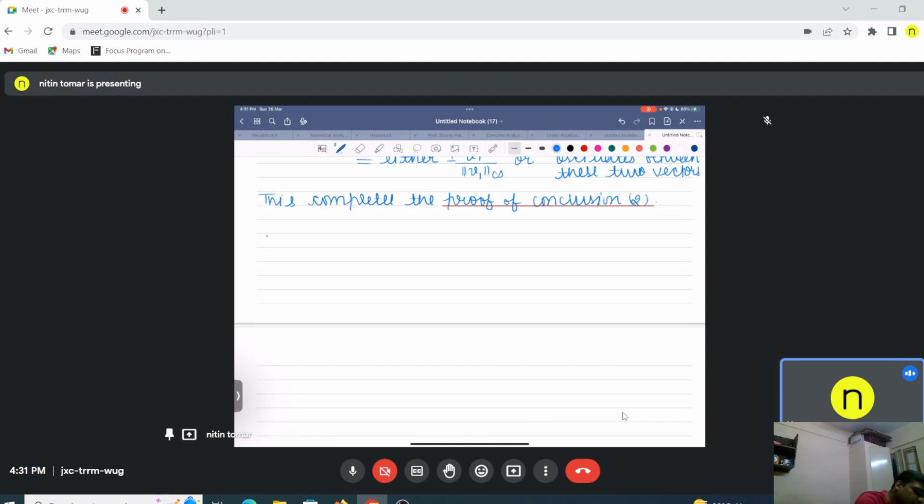Now we have to prove the sequence part, which we have already proved, but let us just repeat those arguments. Now let us show that mu k converges to lambda 1 as k goes to infinity.